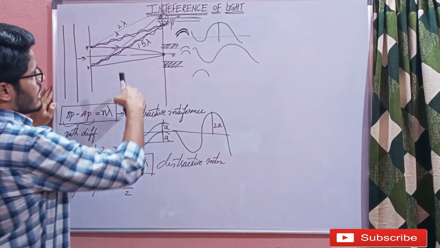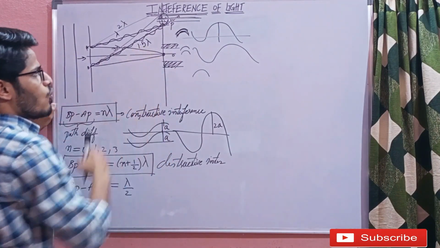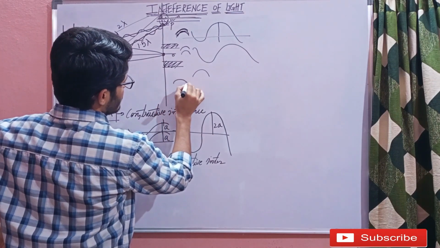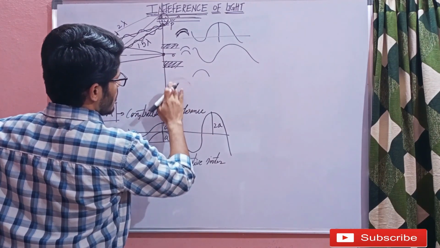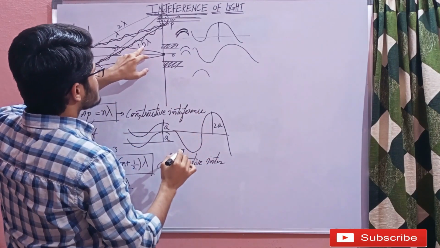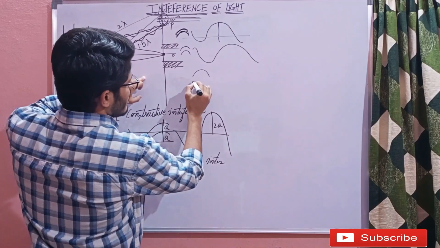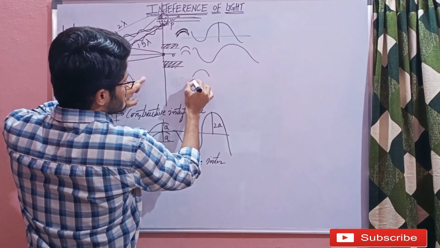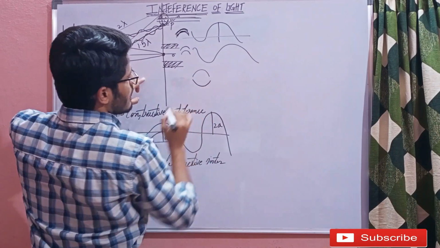Now the second ray has traveled 1.5 lambda, means its lambda will be at the top, but as it travels 0.5 lambda more, its position when it hits the point P will be down.